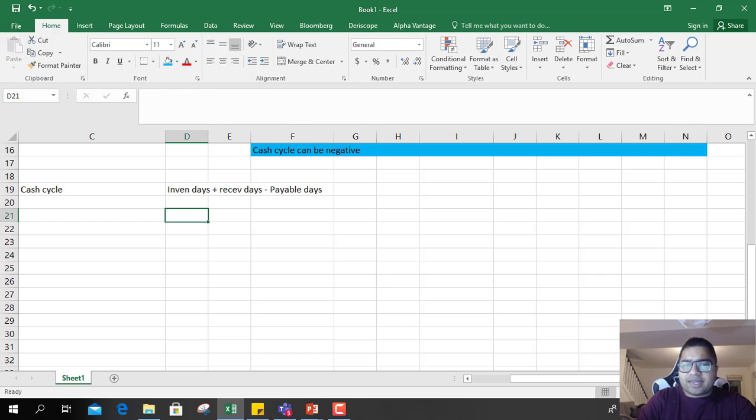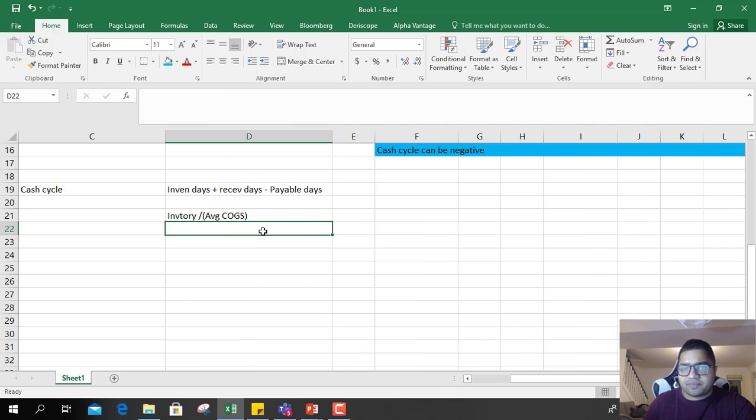Now how are inventory days computed? Inventory days are computed using the formula: the total inventory that you have, divided by average COGS, cost of goods sold. So whatever is the cost, you average it. Average means divide by 365.